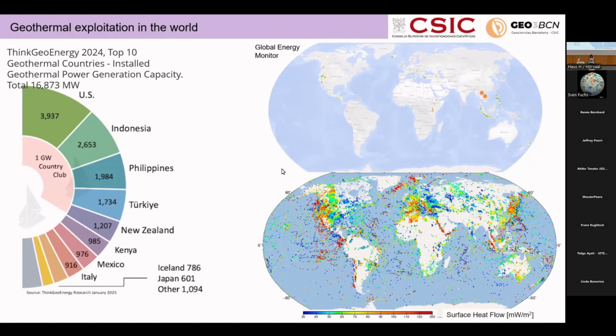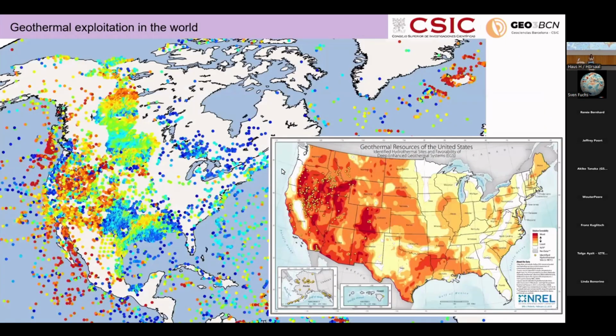There is also a kind of correlation. Even more, in the United States there is a high geothermal resource in the western part, where the surface heat flow values are higher, while the eastern part looks to have a lower surface heat flow.